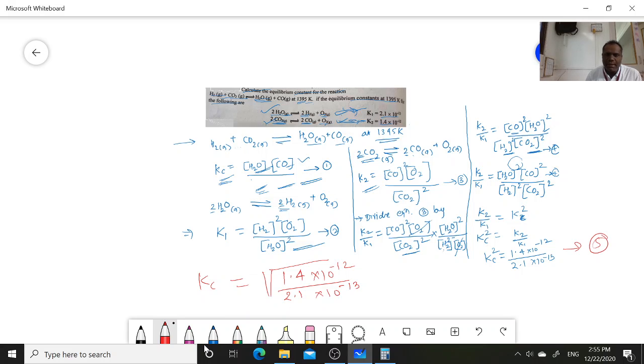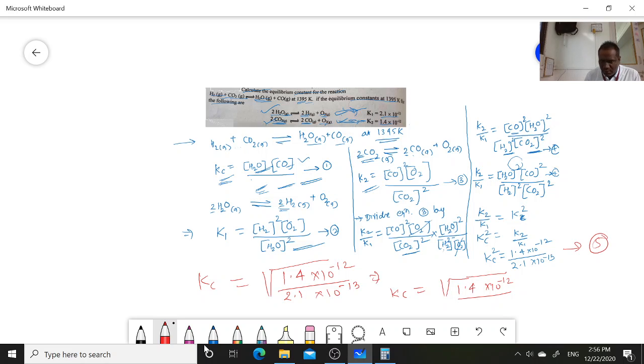Now I will rearrange this equation again. Kc is equal to, I will reduce one factor from this, the square root of 1.4 into 10 raised to minus 12 divided by, I will convert this into a minus 12 value.